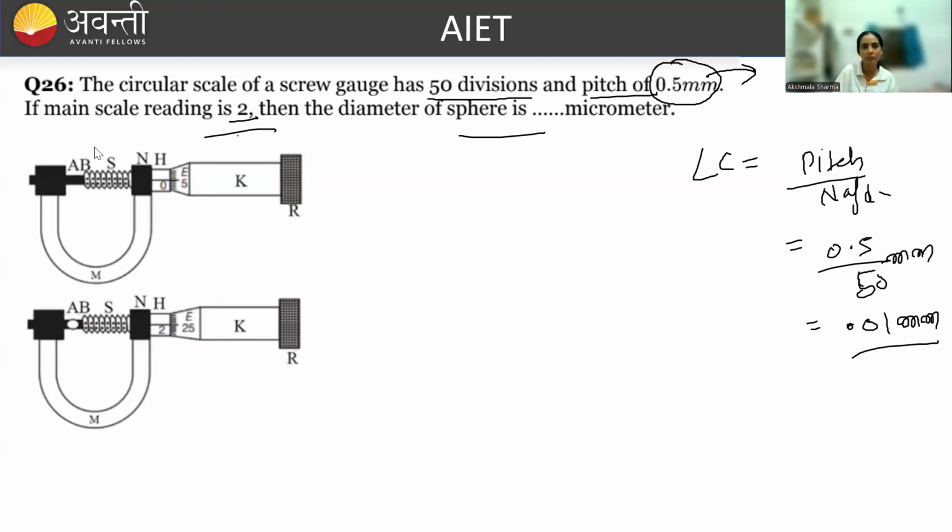Here 2 diagrams are given. Diagram 1, diagram 2. So in diagram 1, object is not inserted. In diagram 2, object is inserted. When object is not inserted, actually the diagram is not that clear. That much precision is not there. But here, 0 of circular scale is not coinciding with 0 of main scale.